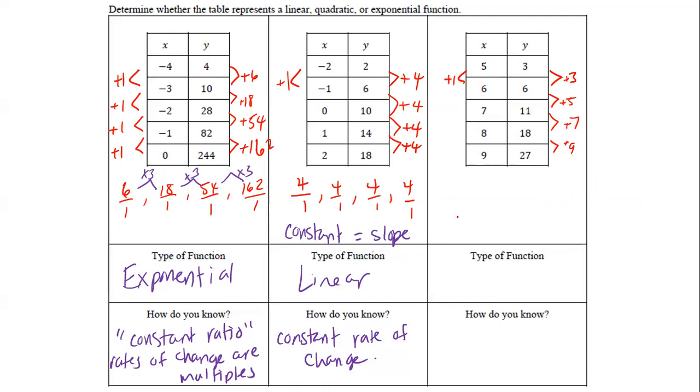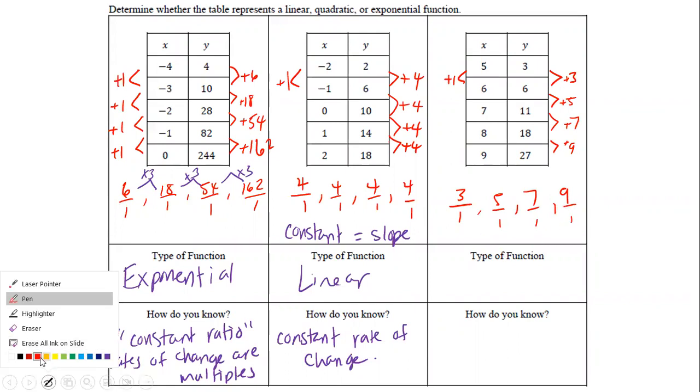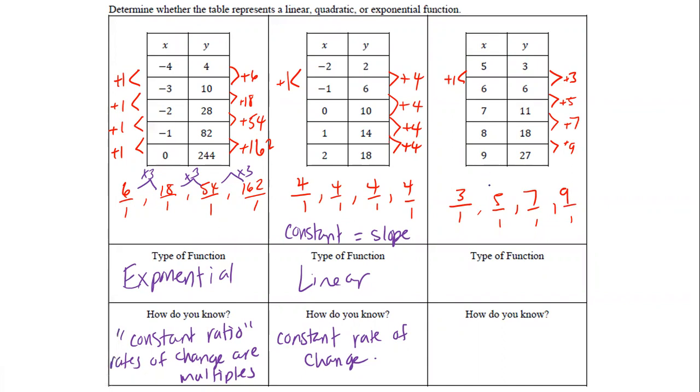My first difference isn't the same, but when I take the ratios, 3 over 1, 5 over 1, 7 over 1, 9 over 1, what's happening now when I'm finding the difference?